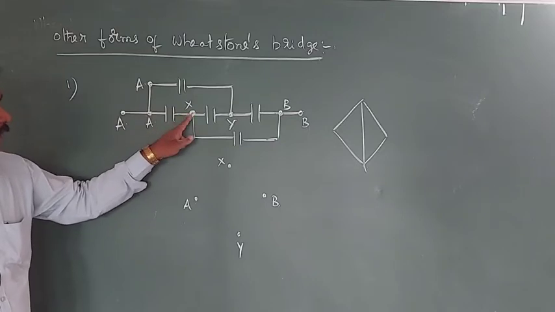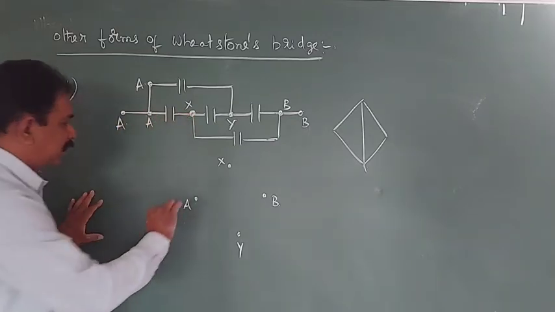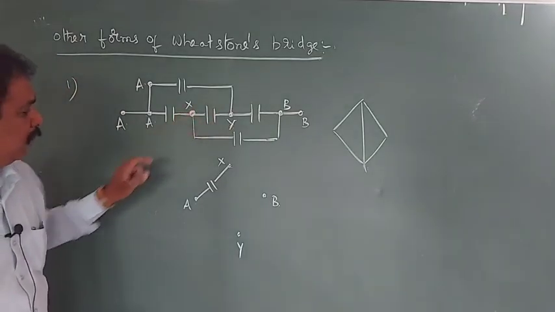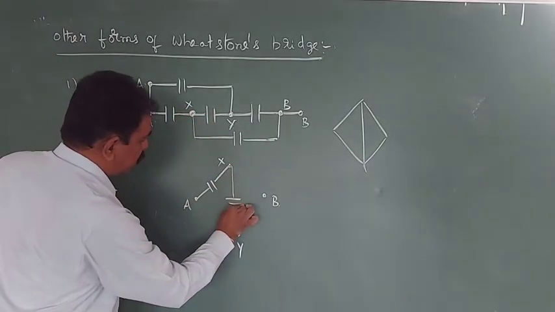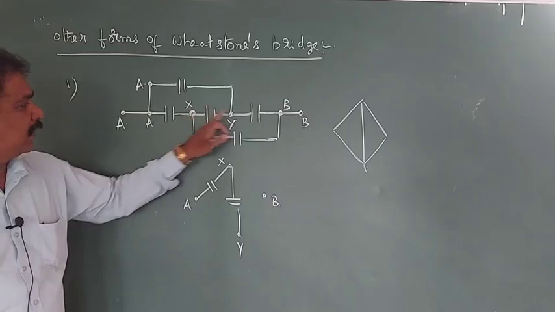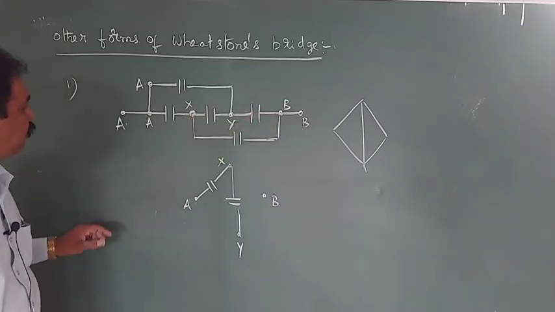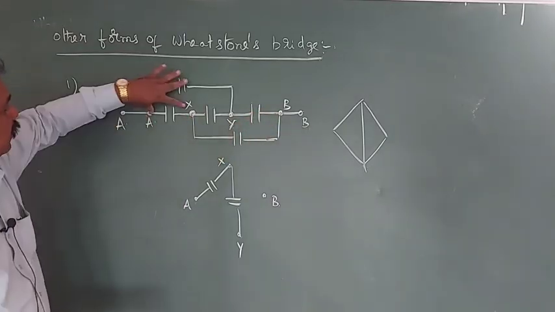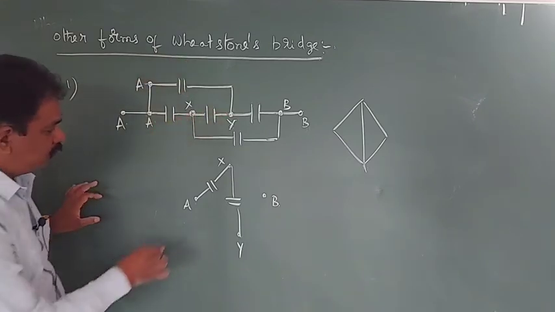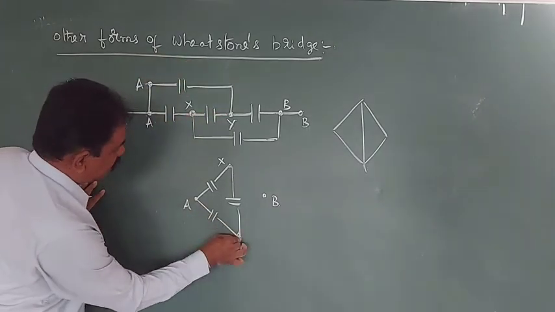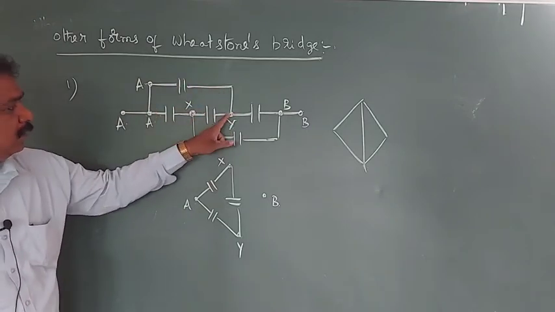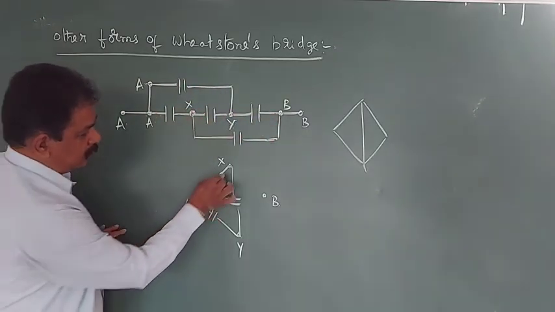A to X, one capacitor. X to Y, one capacitor. Next, X to B. A to X completed, X to Y completed, A to Y, this capacitor, these three are completed.